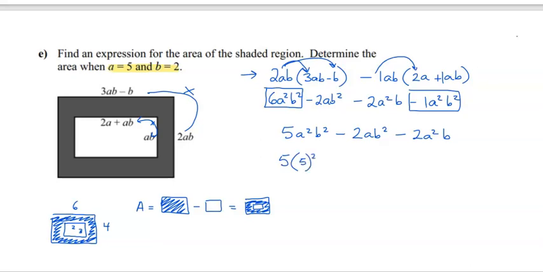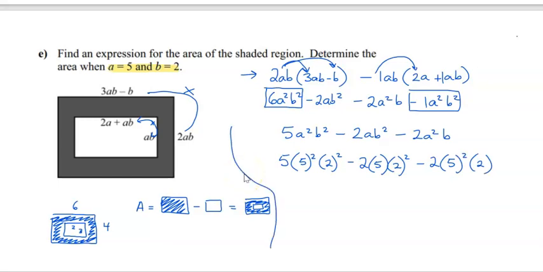5 times 5 squared times 2 squared, minus 2 multiplied to 5 times 2 squared, minus 2 multiplied to 5 squared times 2. Let's solve the exponents.